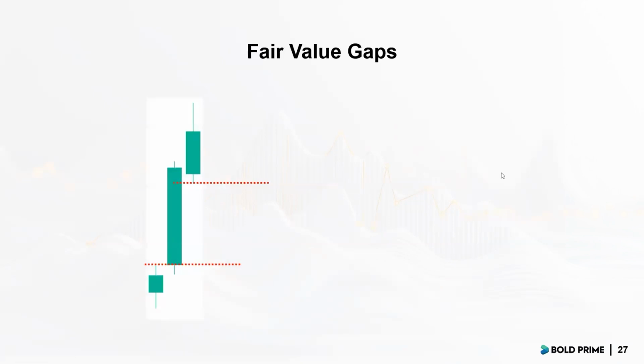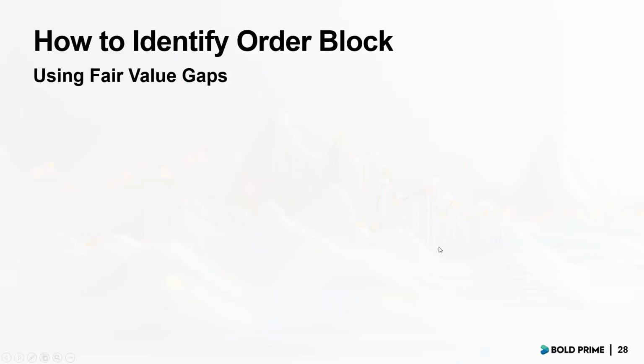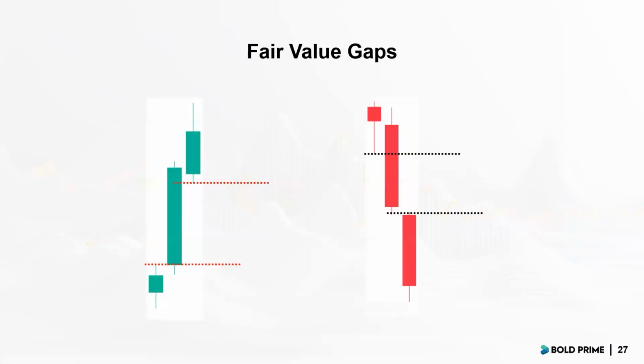So how does this 3-candle pattern look? Over here, first on the left, it's a bullish market. What we observe is that the second candle body is very huge. That's where we have huge momentum. We also realize that the candle on the left and the candle on the right did not overlap. That leaves us with a gap, and we call this a fair value gap.